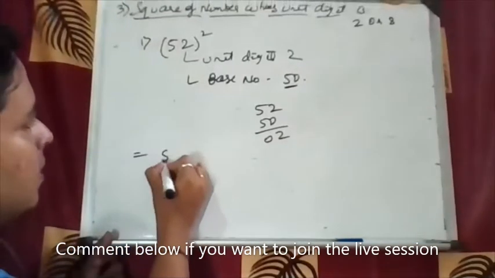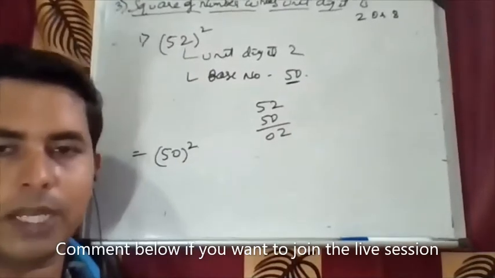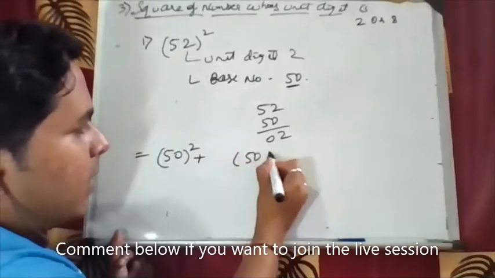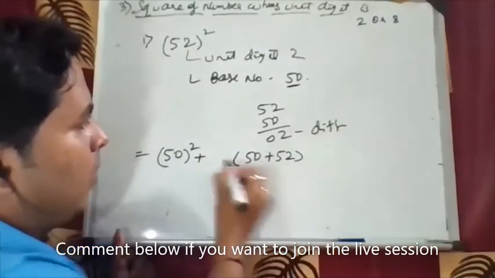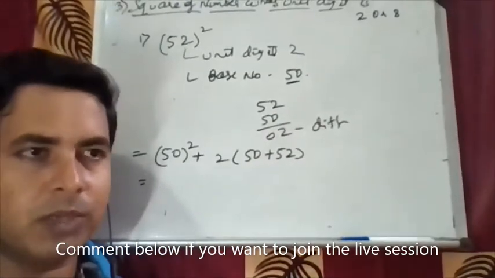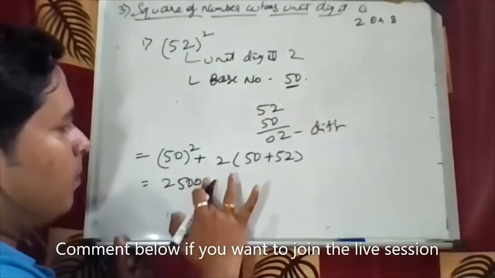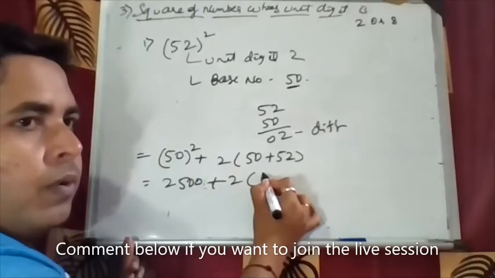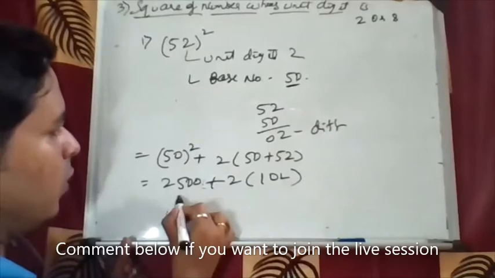Consider the base number square, then add both the base number and the given number, and what is the difference in both the numbers? 2. So here 25 square plus 2 into 102. Okay, so here 102 is what?